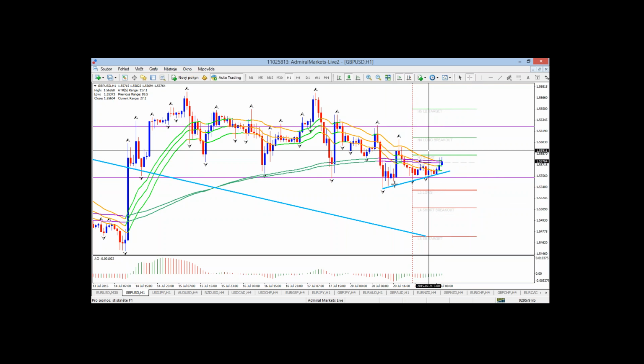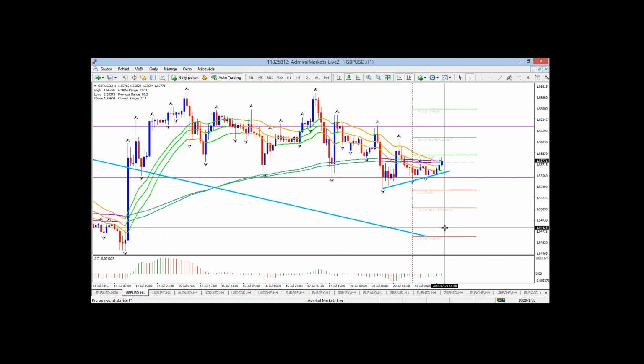There is no momentum to the upside on the 1 hour chart. This one candle I wouldn't consider enough. I need to see a series of, at least three, preferably. One candle like that is not enough. So this is not momentum. So we don't have any upside momentum here at the moment.